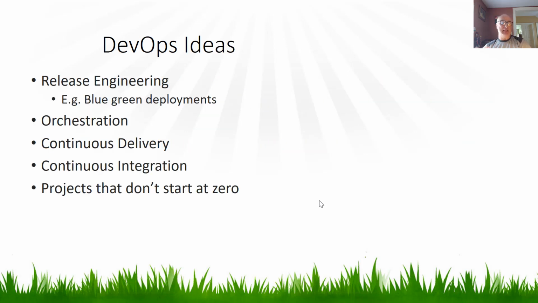So DevOps ideas, well, things like release engineering, getting good at doing new releases, new upgrades, taking the time to build the technology that is devoted only to upgrading and implementing new versions of your software.